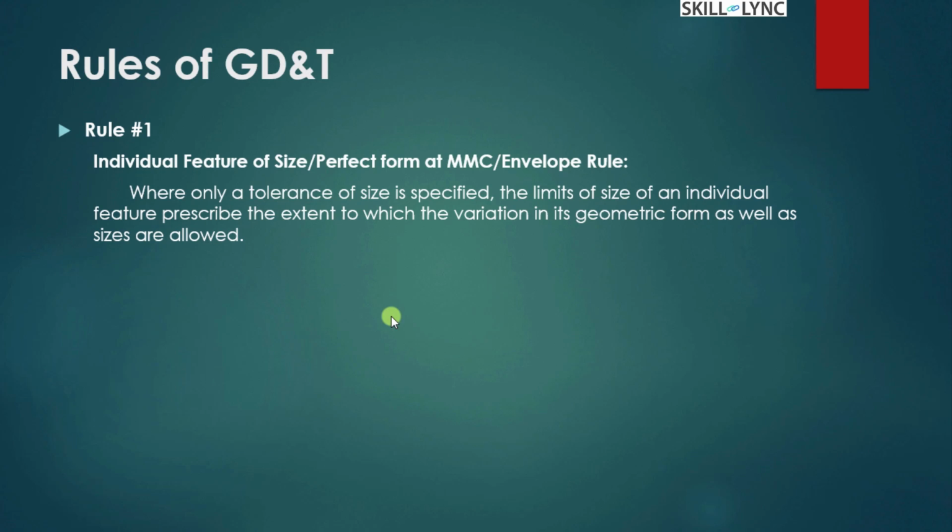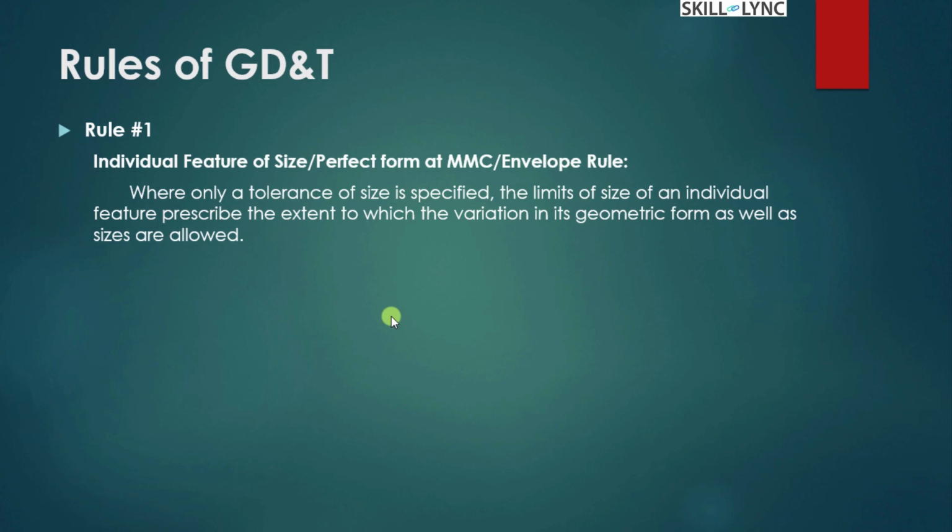It means that only size tolerance has been specified. Then the limits of size of that individual feature prescribe the extent to which the variation in geometric form as well as the sizes are allowed. Simply put, suppose we operate on the maximum material condition with only this size tolerance, that is, 50 mm dia with a tolerance of 0.001.